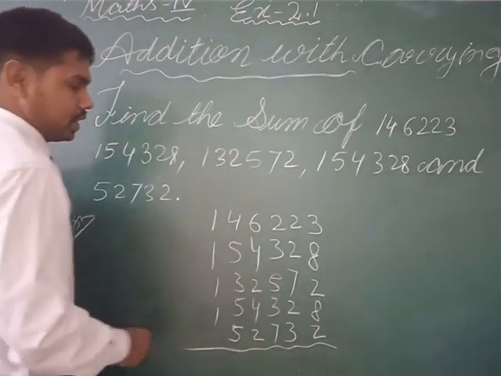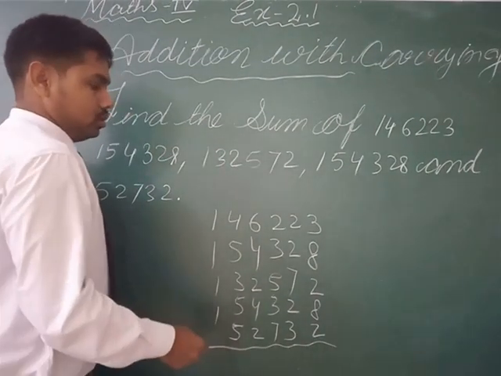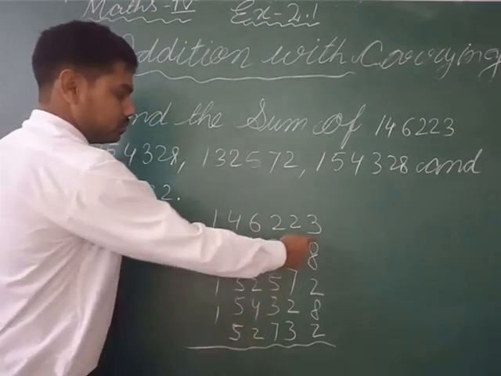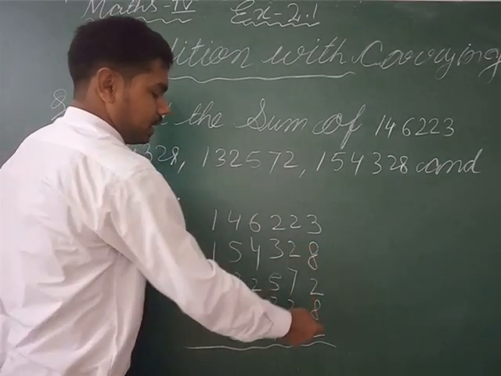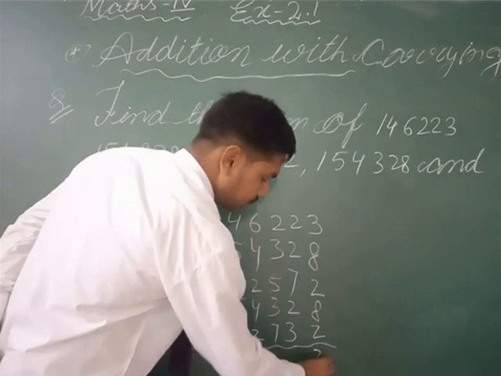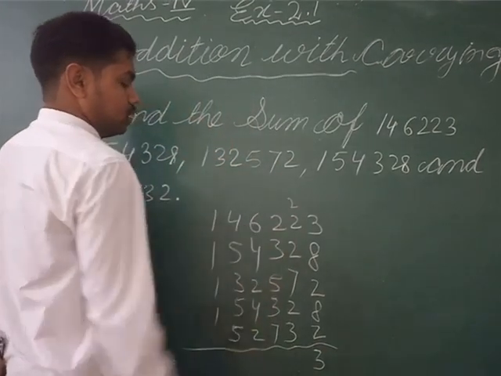So let's start here. Adding the ones column gives 23, so write 3 and 2 is carry.